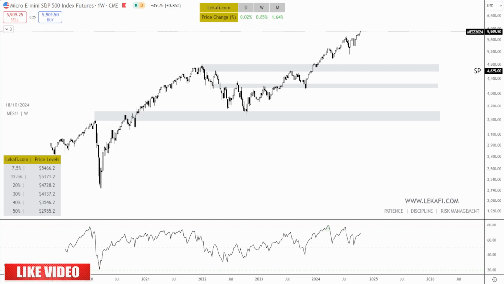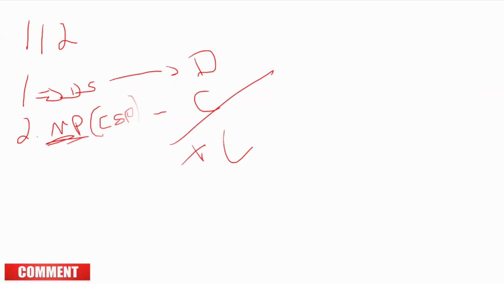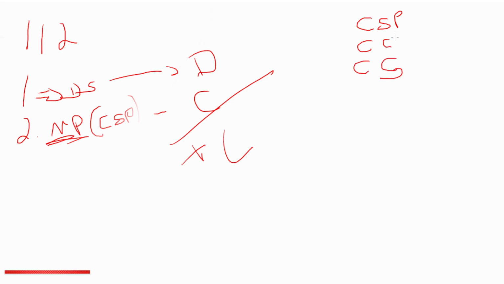So basically what I was saying is the cash secured put, okay? Another one is the covered call, the covered strangle, the 112, okay, LEAPS, and of course with these LEAPS or this covered call, you can use a poor man's covered call.